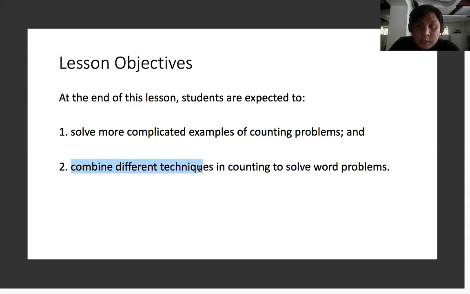These two objectives go hand in hand. You are expected to solve more complex problems, and you are to use all the techniques that we have learned so far in order to answer them. I will give you 3 examples of scenarios where the counting is more complicated than what we've usually encountered.